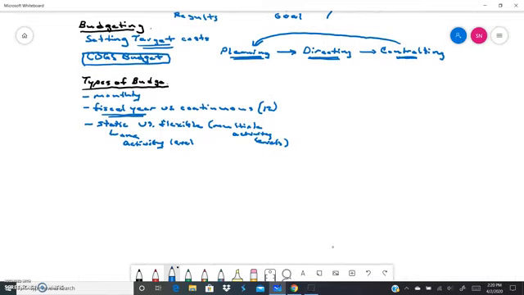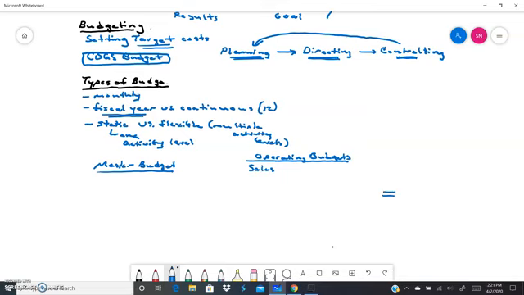So basically what we're going to do is we're going to look at the master budgeting process. And everything is going to start with the sales budget. So these are the operating budgets. So of course we'd have a sales budget.